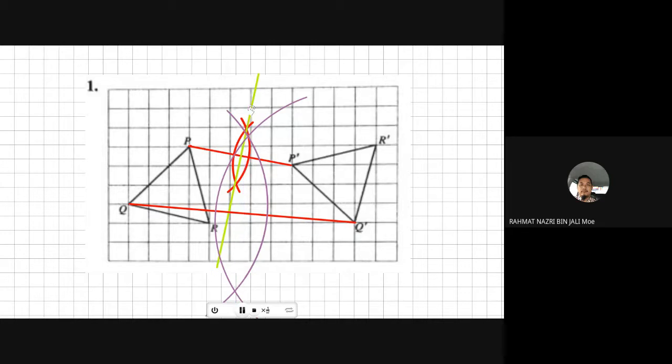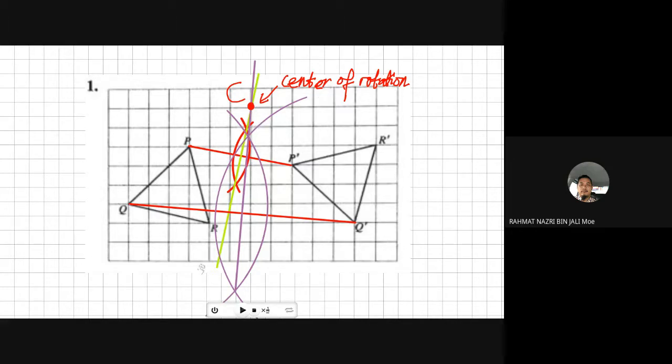The intersection between two bisectors is the center of rotation of the image and object. Okay, the variable with C. So this one is the center of rotation.